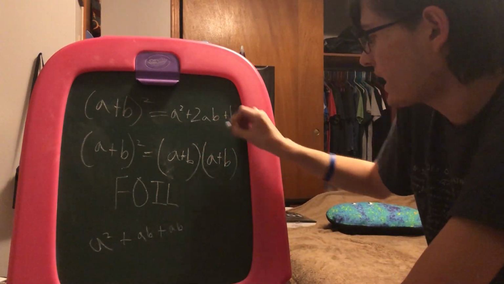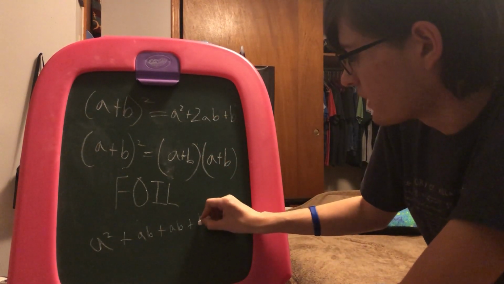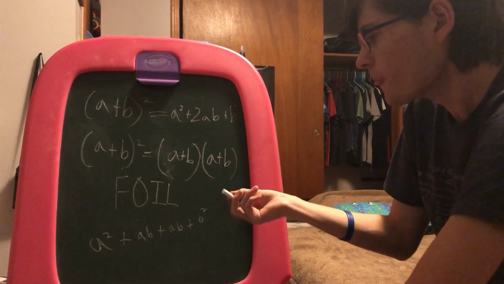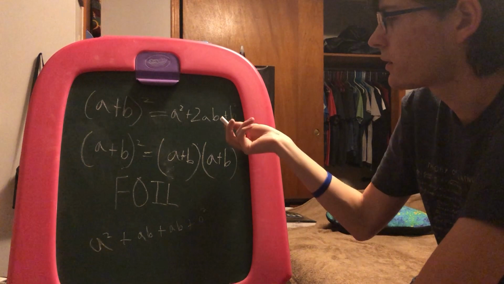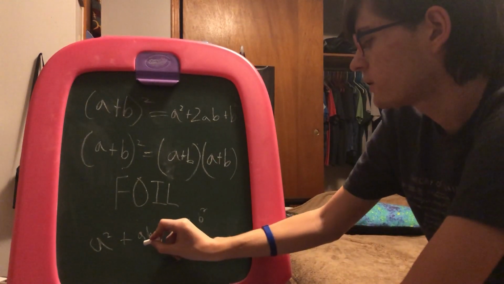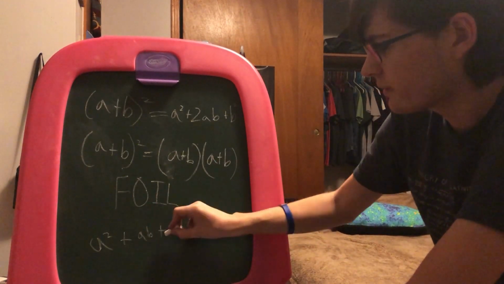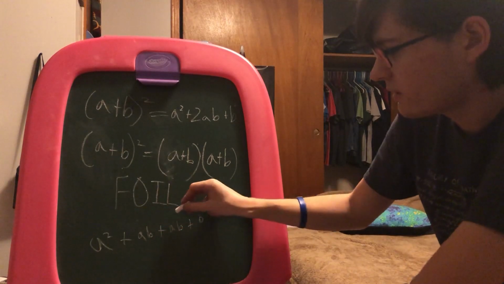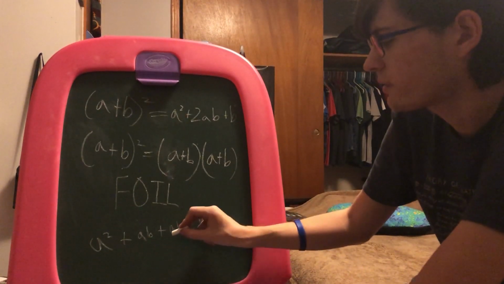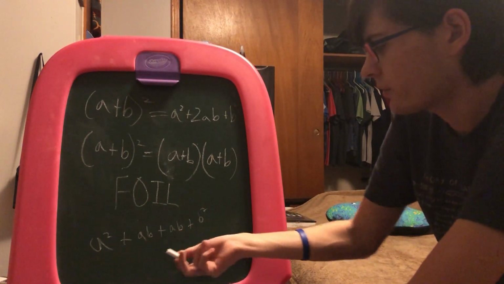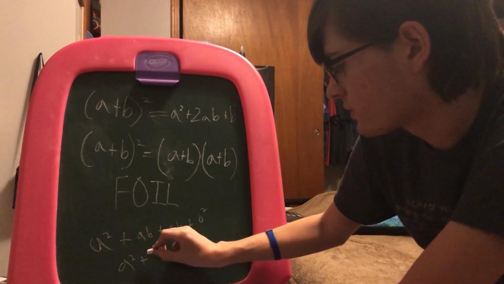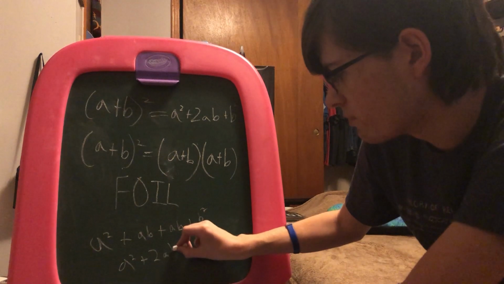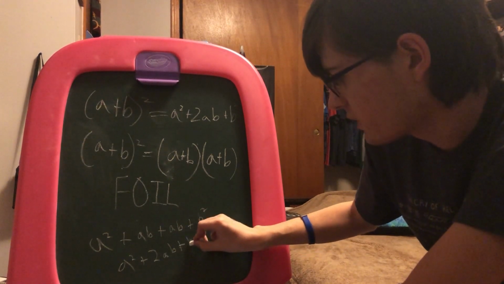And then we do the lasts, plus b squared. This is already looking familiar with these terms. If you know how to combine like terms, these ab and ab are like terms, so you add them together, there's two of them, so it's a squared plus 2ab plus b squared.